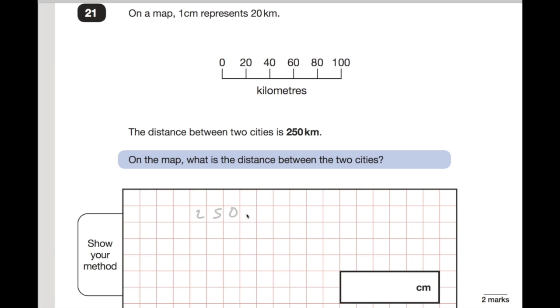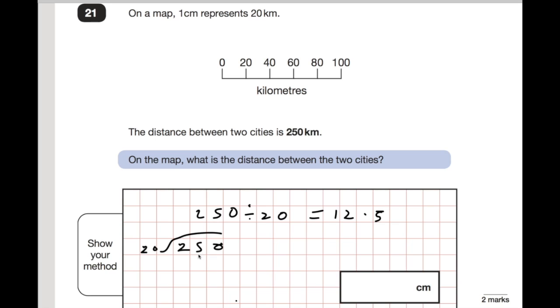Now, we could do how many 10s go into 250, and we know the answer is 25. So the number of 20s that go into 250 must be half as much as our answer of 25. So it will be 12.5.